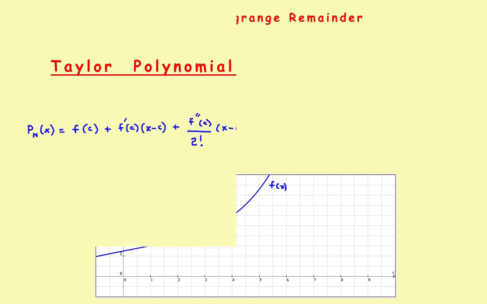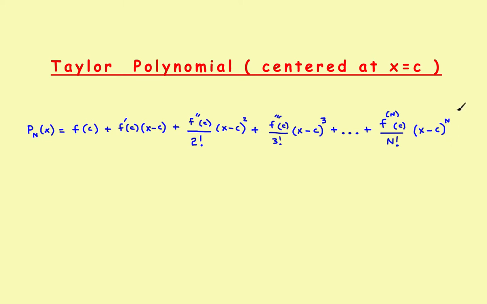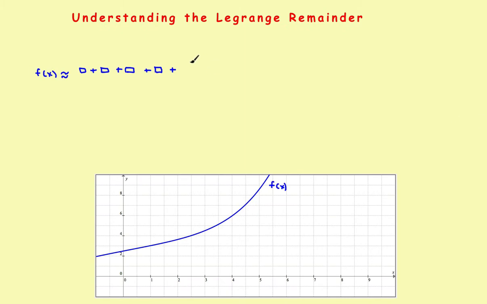So I'll go back again, and that last term looks like this term right here. This one I'm going to write out, and you'll see why as we go through this. This would actually be f sub n, so the nth derivative at c divided by n factorial times x minus c to the n power.